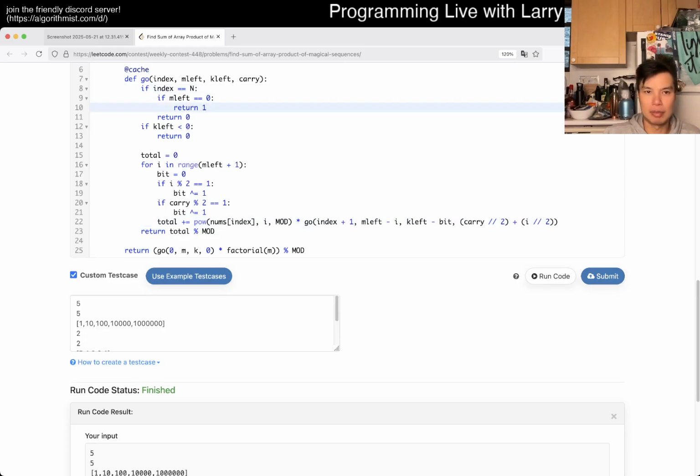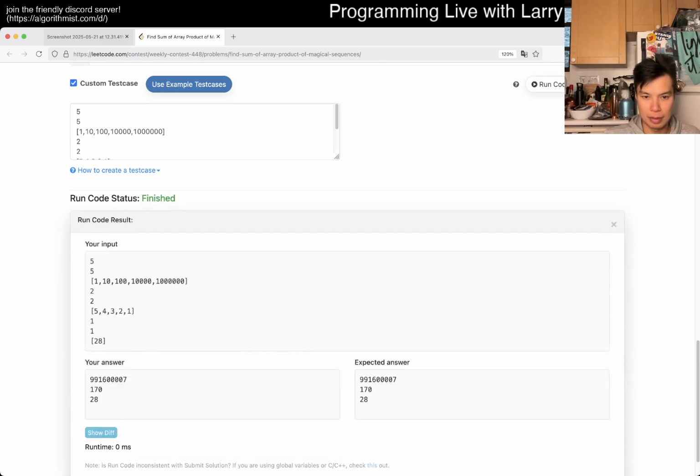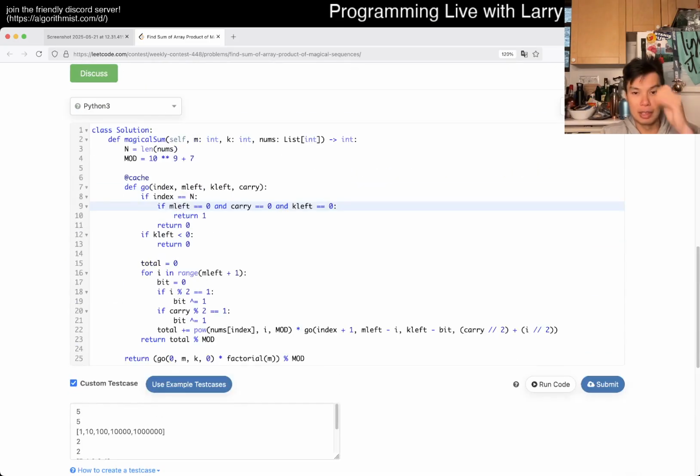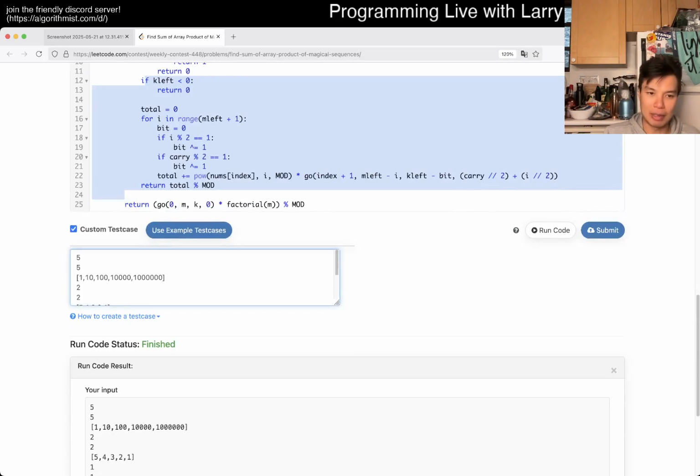But this is where m left is 0. Okay, and carry is equal to 0. Well, and k left is equal to 0. Oh, okay, so I was right on this, but now this m factorial assumes that everything is duplicate. So now we have a free answer anyway.